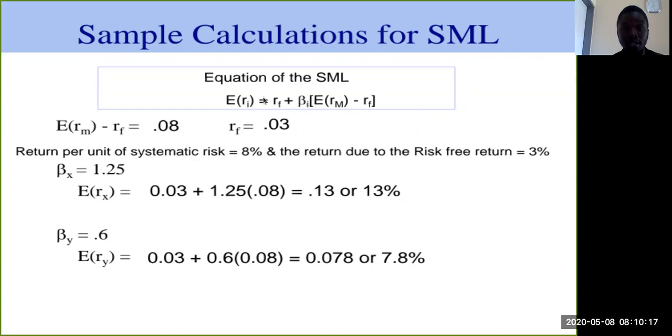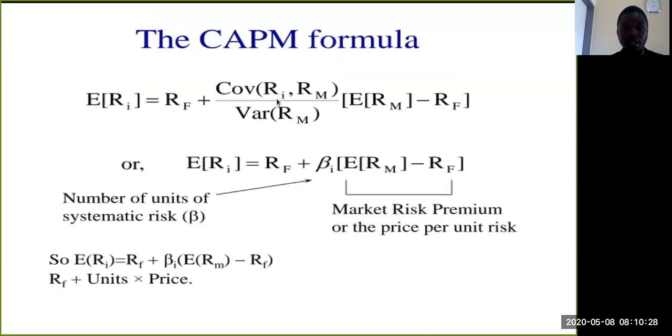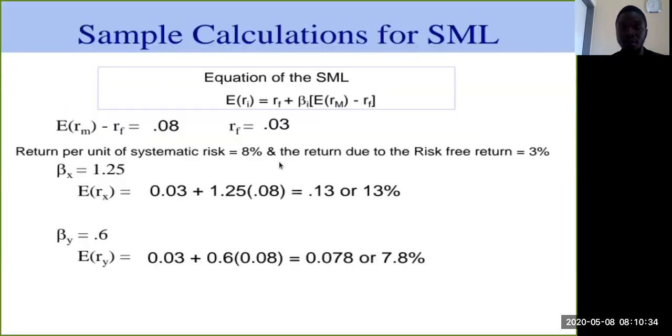And this is our equation: the expected return on the stock that you have gotten or the investment that you've made. This first one represents the free market returns with no risk, the risk-free return, which is 3%.